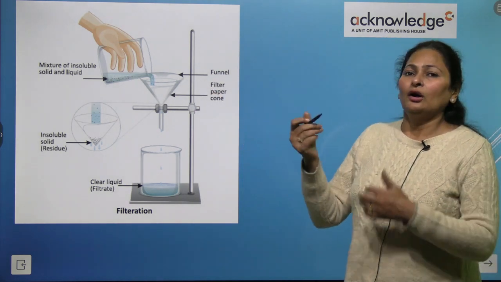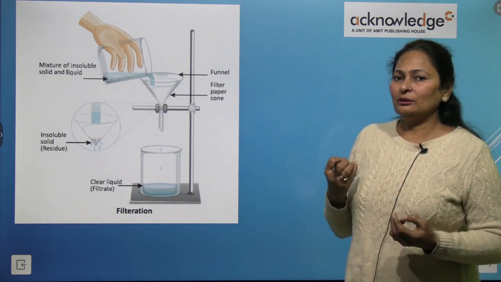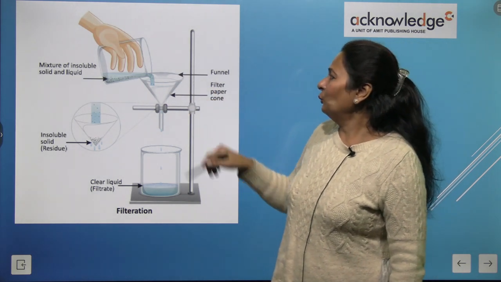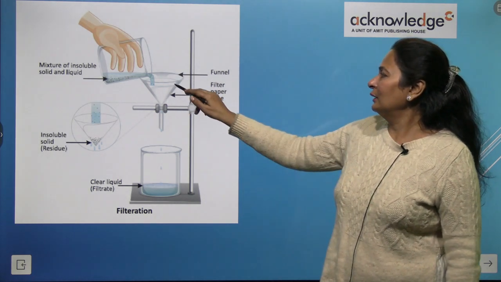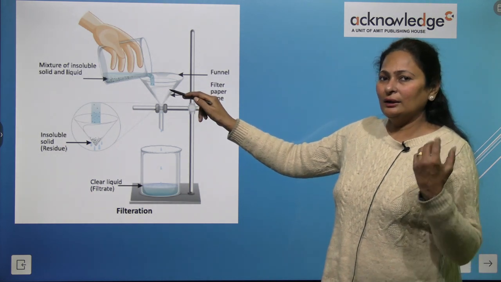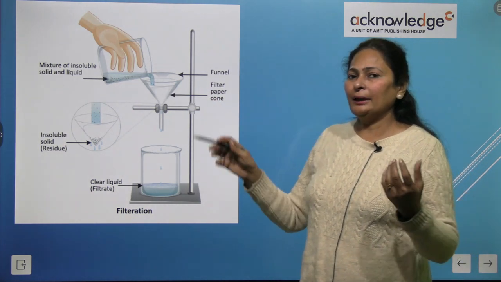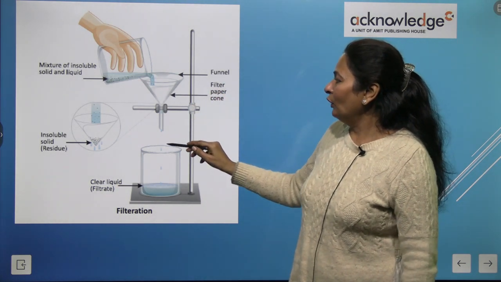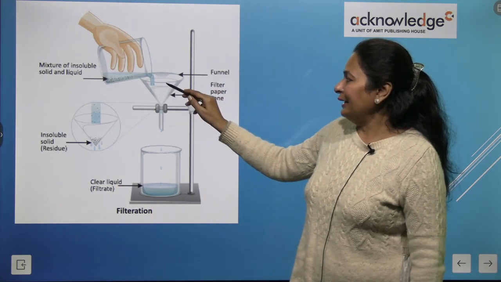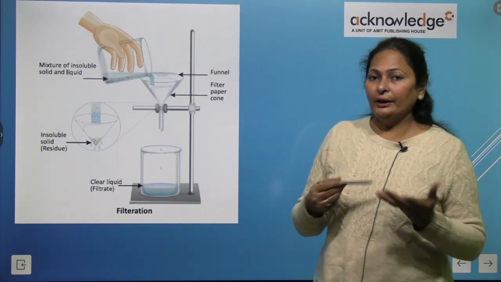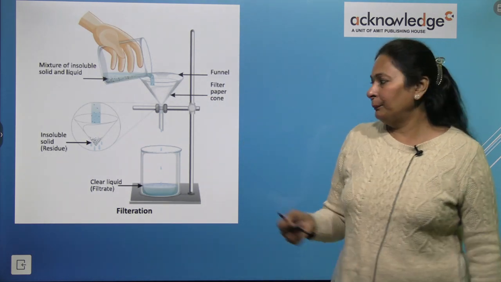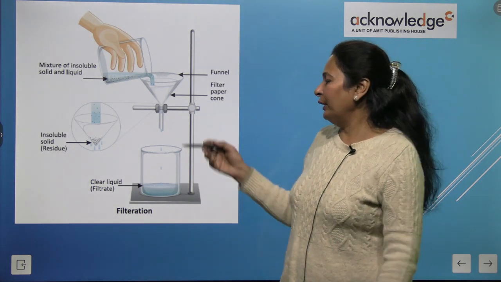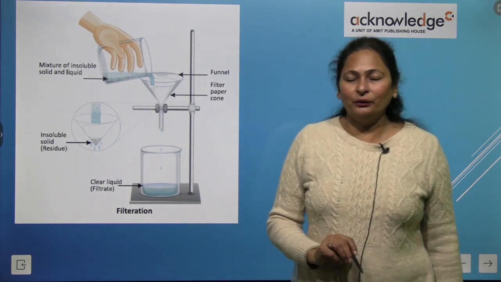Muddy water, or after decantation the water, you are pouring this into this funnel, in which we have already kept the filter paper. You can see that the water-insoluble things are left on the filter paper, and the clean water, all the clear liquid, is coming down, right?